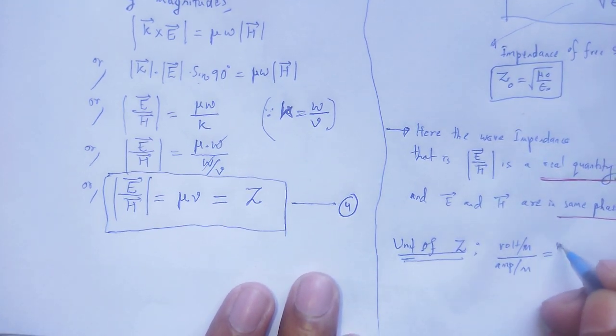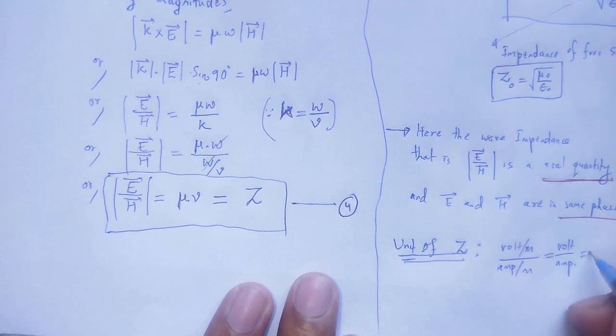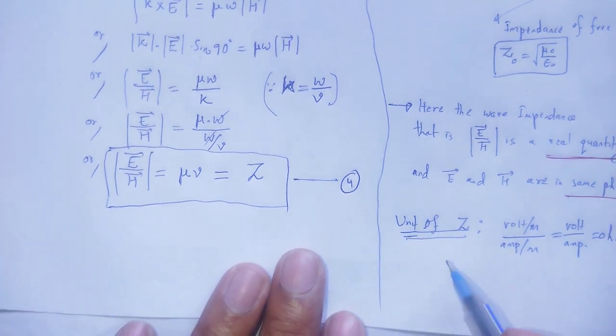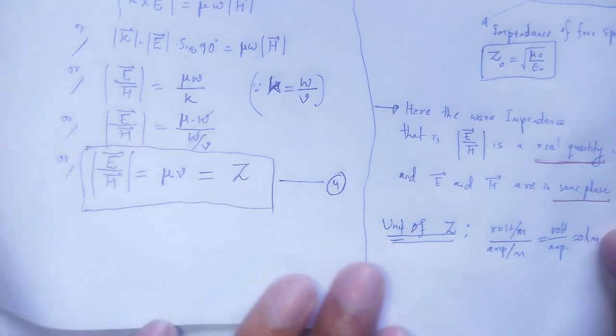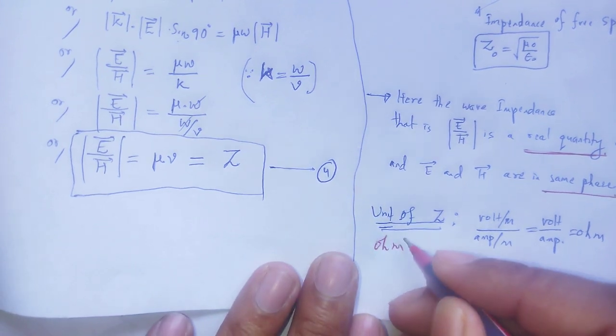Meter cancels out, that is volt per ampere, which is equal to ohm, resistance. So unit of Z is equal to ohm.